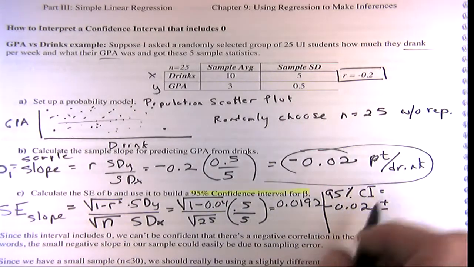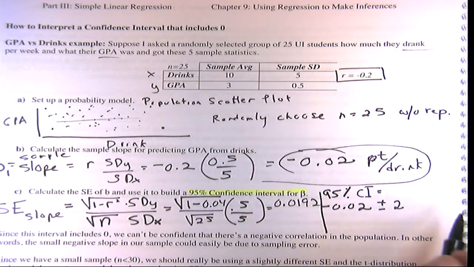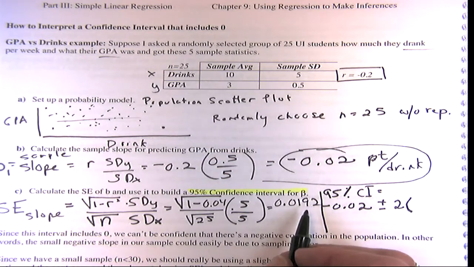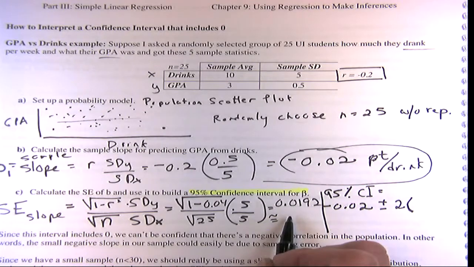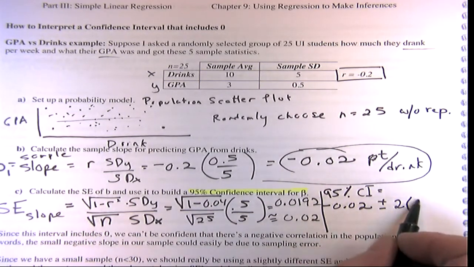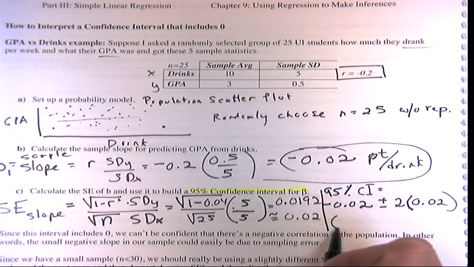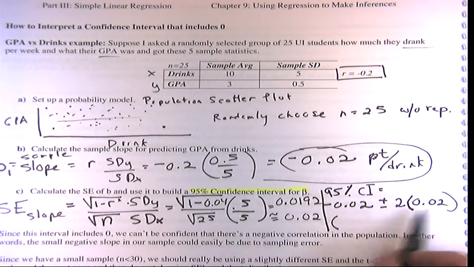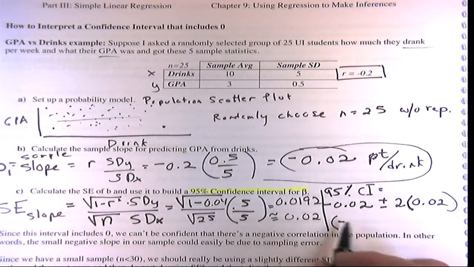Okay, so let's go back and write that. Here's our sample slope, plus or minus, we'll just round to 2 so we can do it more easily in our heads, times the standard error of the slope. And so we can do that in our heads. Why don't we just approximate this? This is approximately equal to 0.02. So that gives us a range, and our lower limit would be negative 0.02 minus 2 times that, minus 0.04, which would be negative 0.06.